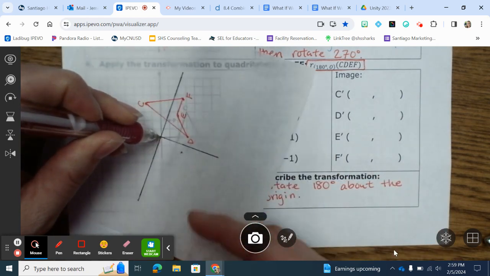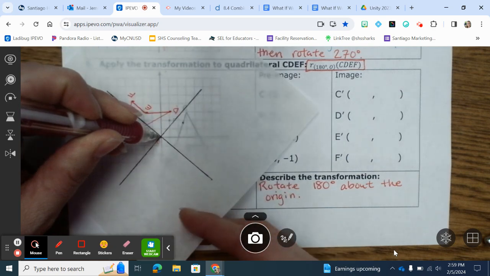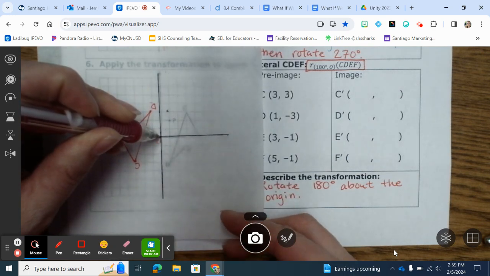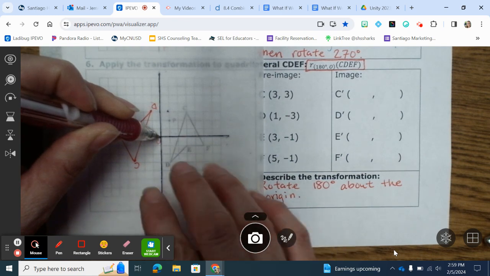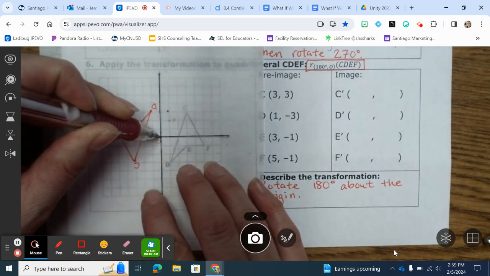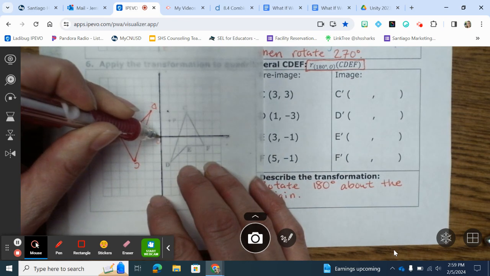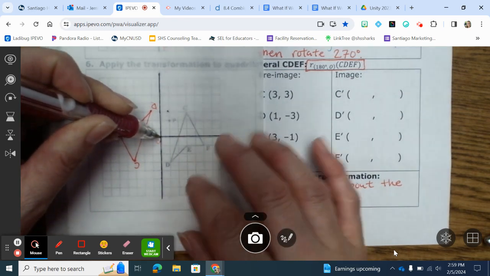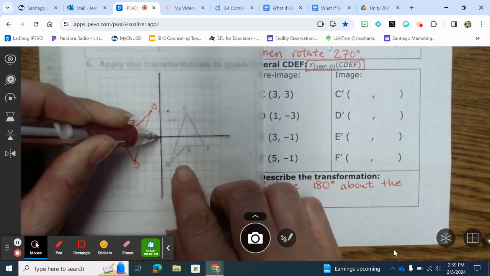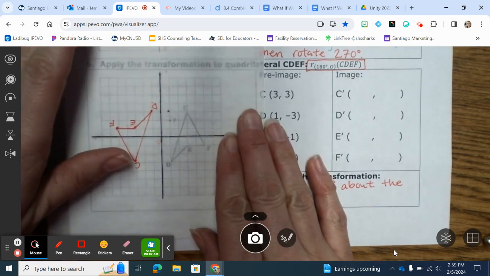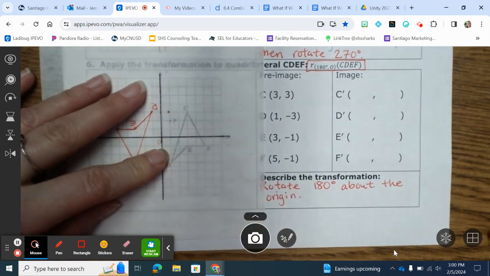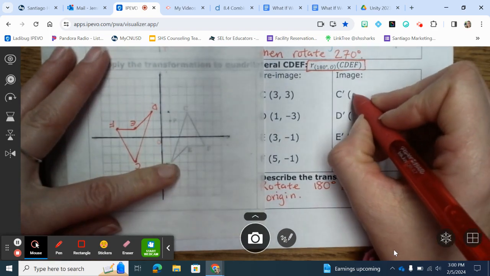So that's going to be 90 and then 180. Now, patty paper is a great tool. You can use this. There's more patty paper in class that you can use on the worksheet. Please grab another sheet. And then I'm going to go ahead and copy down the coordinates before I move my paper.